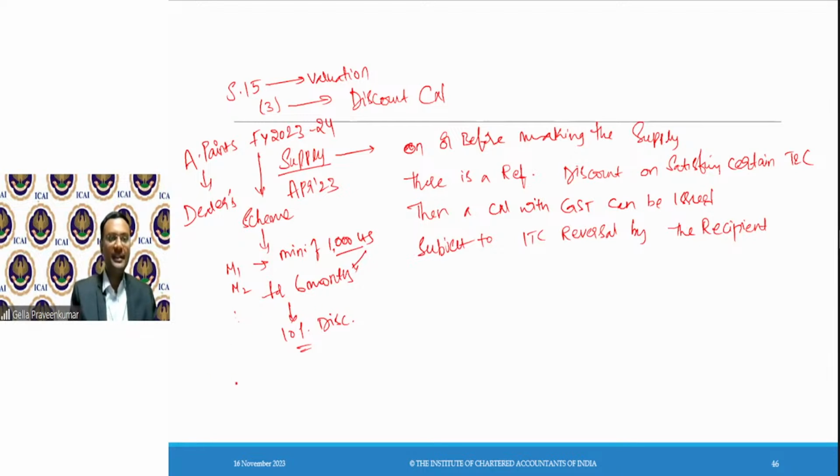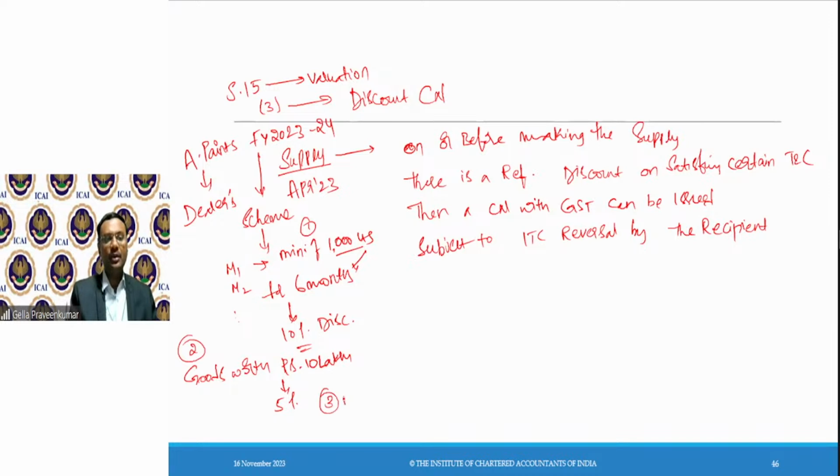Or there could be some other scheme saying that if you buy goods worth, say, 10 lakhs, you will get a discount of, say, 5%. This is one sort of scheme. Second, this is another scheme.